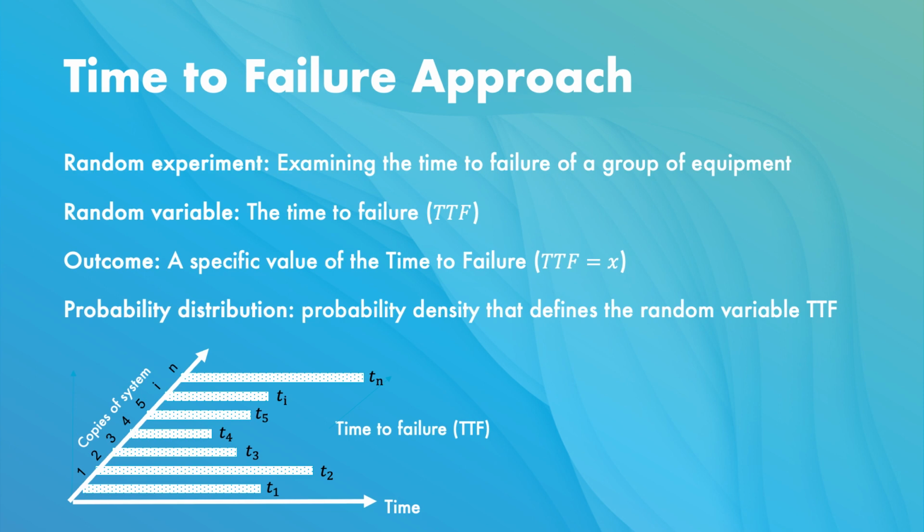The random variable is the time to failure, the TTF, that I will talk extensively, and the outcome is a specific value of the time to failure. It's a specific time that the system can last, being that named X. And then we have the probability distribution function, which we represent by the probability density function that will define the random variable time to failure.